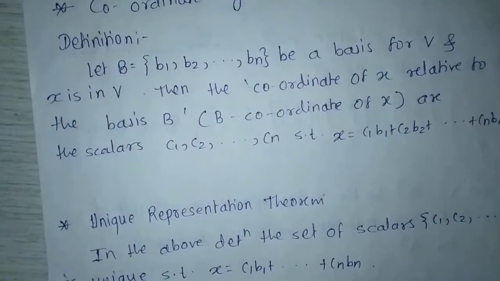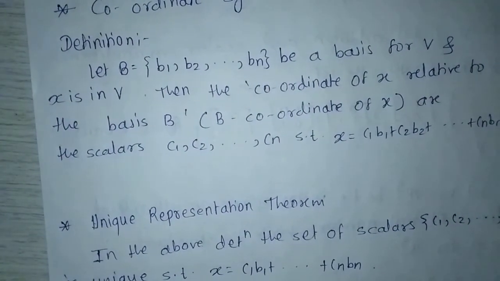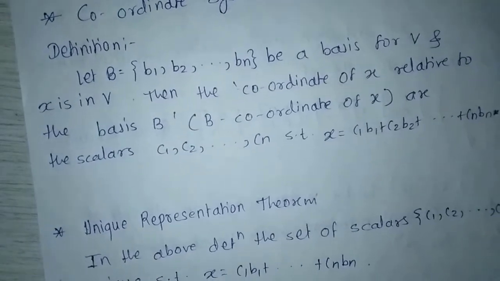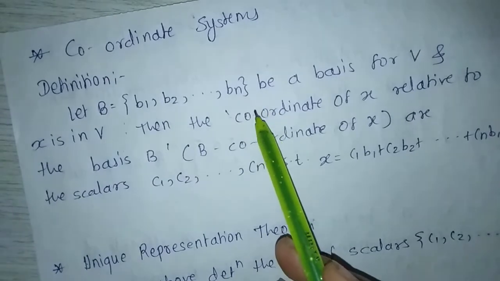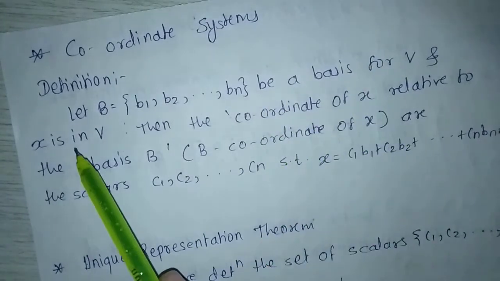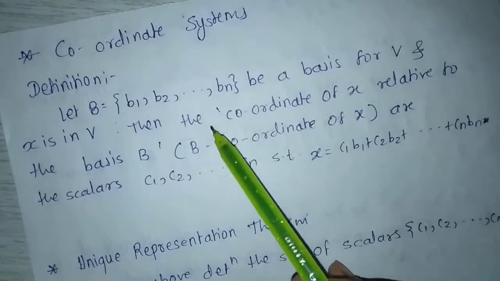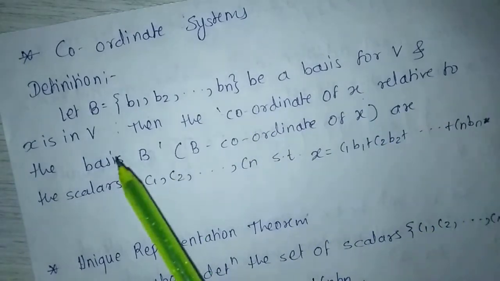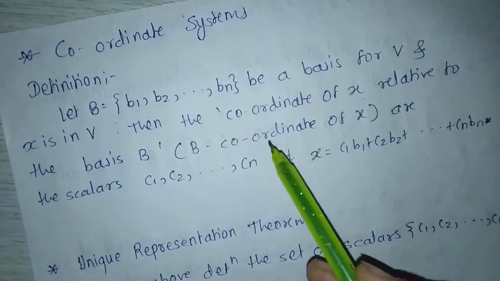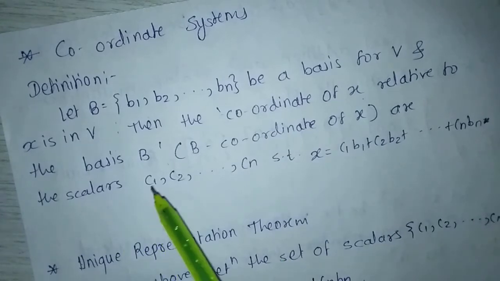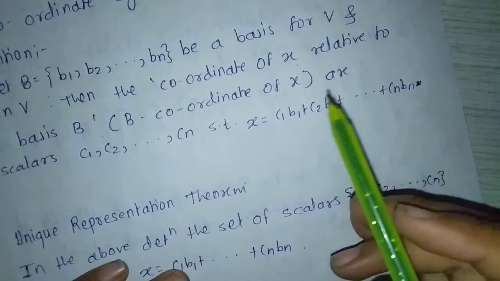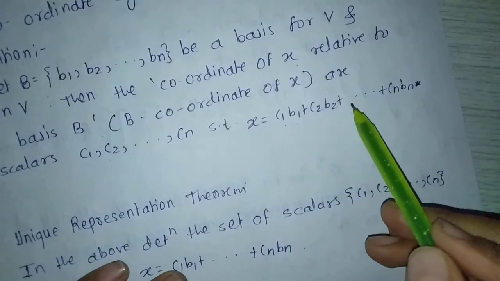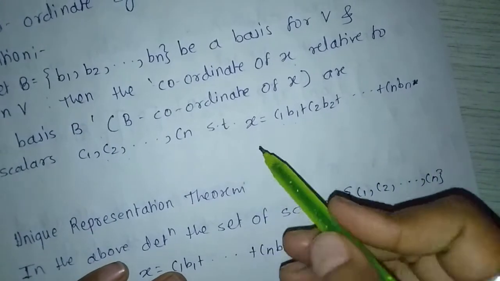Next, coordinate systems. Definition: Let B equal to the set {b1, b2, and so on, bn} be a basis for V and x is in V. Then the coordinates of x relative to the basis B, means B-coordinates of x, are the scalars C1, C2 and so on Cn, such that x equal to C1 b1 plus C2 b2 plus and so on plus Cn bn.